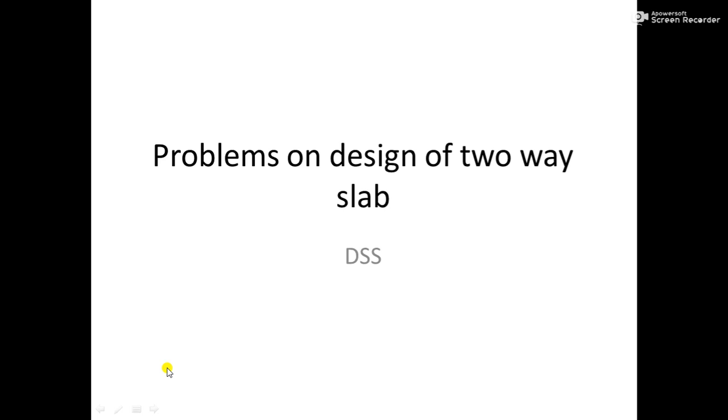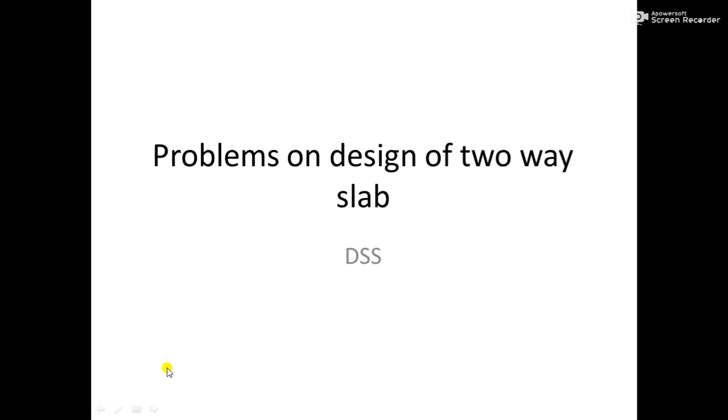In the design of a 2A slab, we had seen the design steps. The same steps we are going to adopt as adopted for one-way slab and for cantilever slab, the same steps for two-way slab.